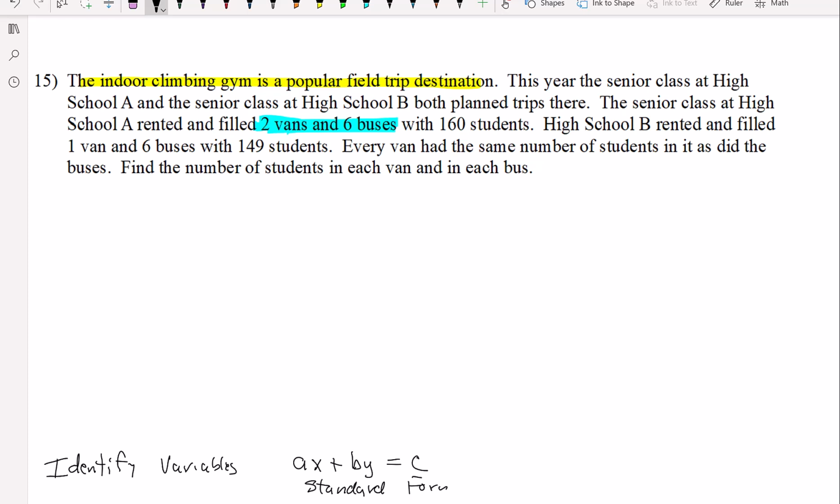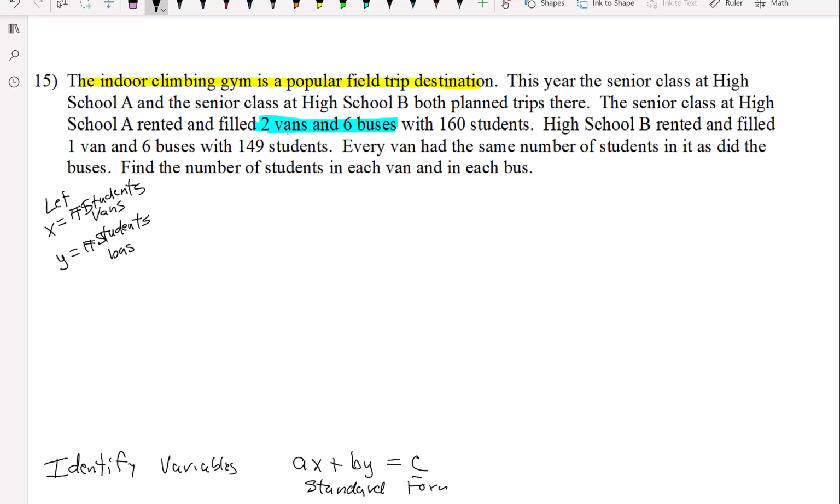So you could say let X represent the number of students that ride in vans, and let Y equal the number of students that ride in buses.